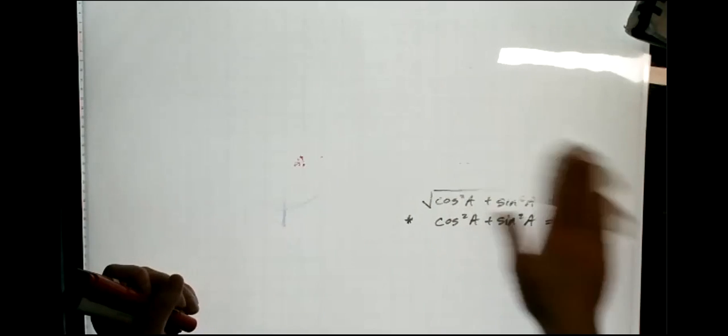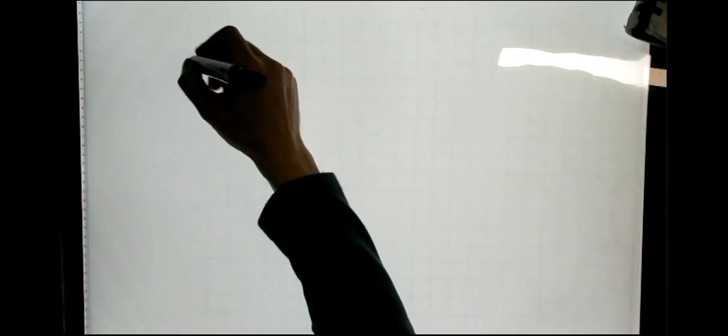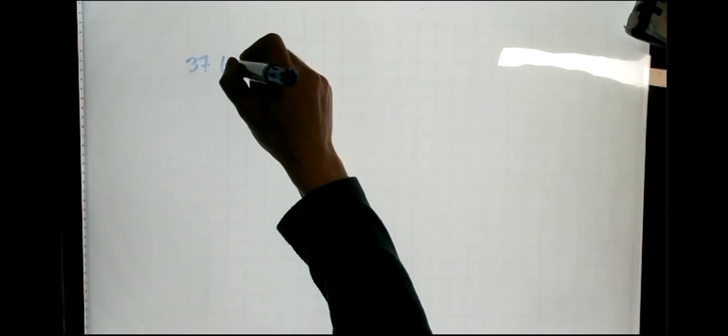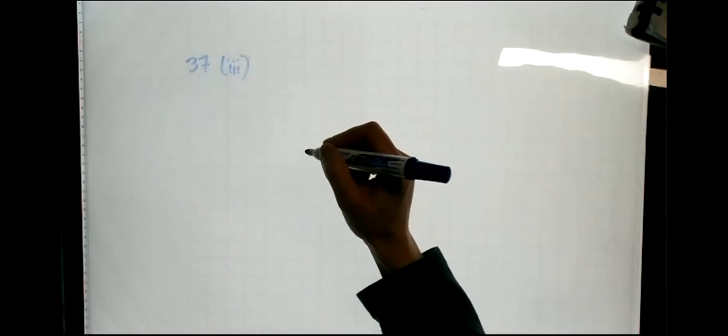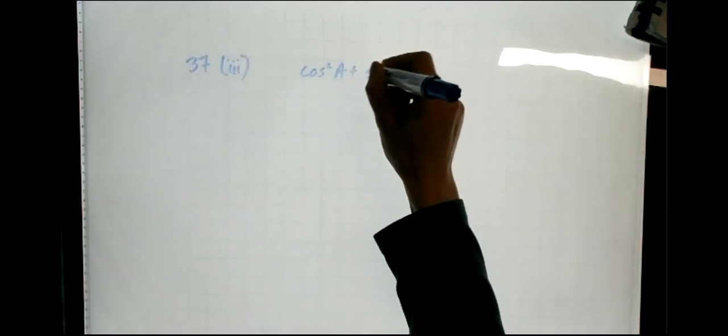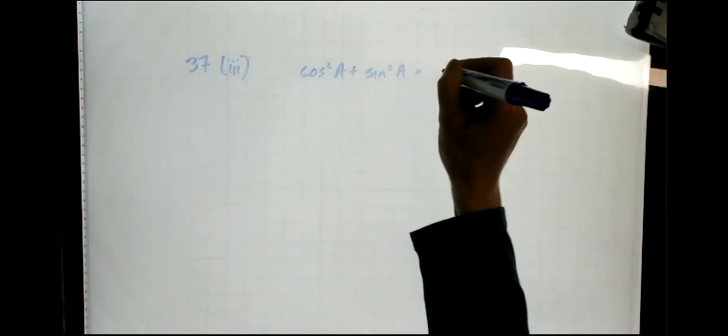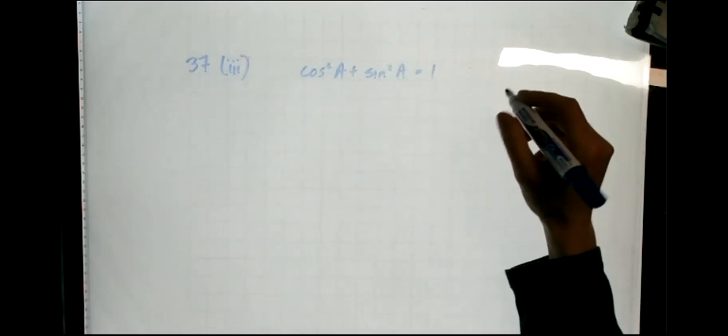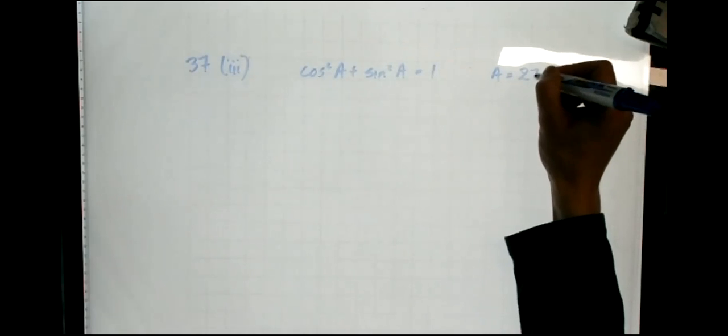Now, making this, the angles between, and the party. So what we should do is verify cos squared A plus sine squared A equals one, where A equals, say, 90 degrees.